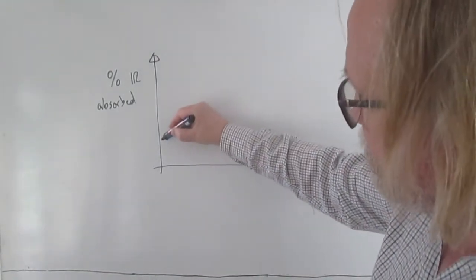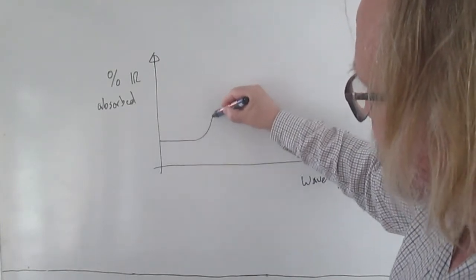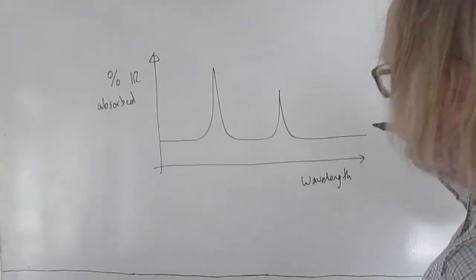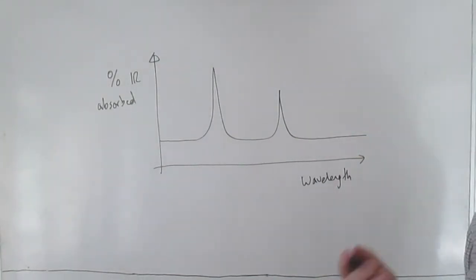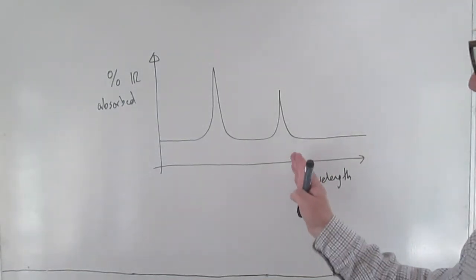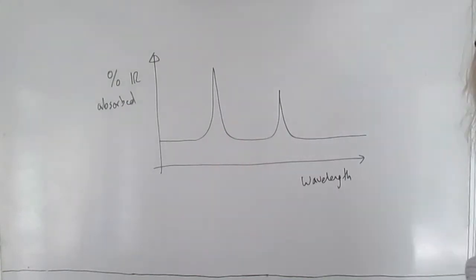So if you do that for carbon dioxide, you actually get two peaks, something like that, because of the two different kinds of vibration that could be excited, as the symmetric one you don't see. What that corresponds to is a specific wavelength, and therefore a specific photon energy is required to excite each kind of vibration.